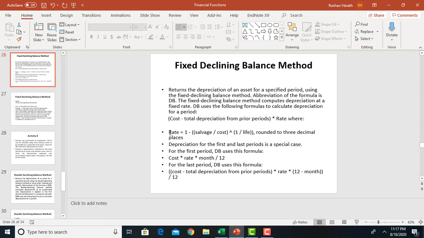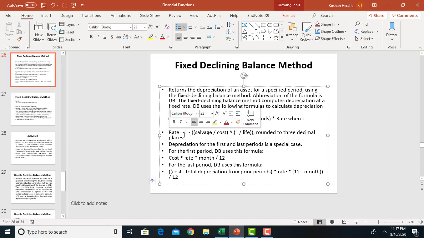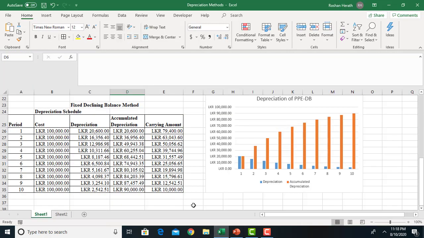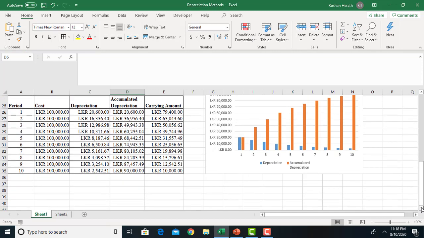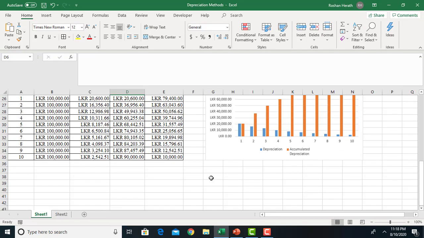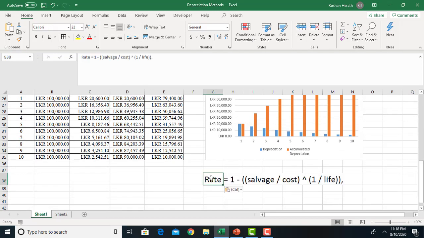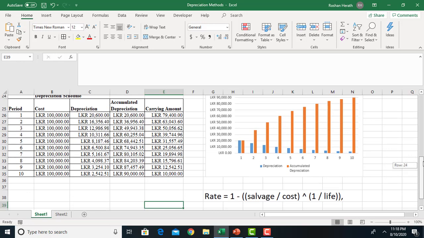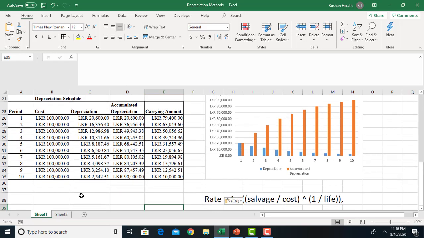It says that the rate is computed as 1 minus salvage value divided by cost to the power 1 divided by life. So we may copy this and try to apply this in the question, and compute depreciation manually for 1 or 2 years. Then we can ensure ourselves the depreciation we have calculated is correct.